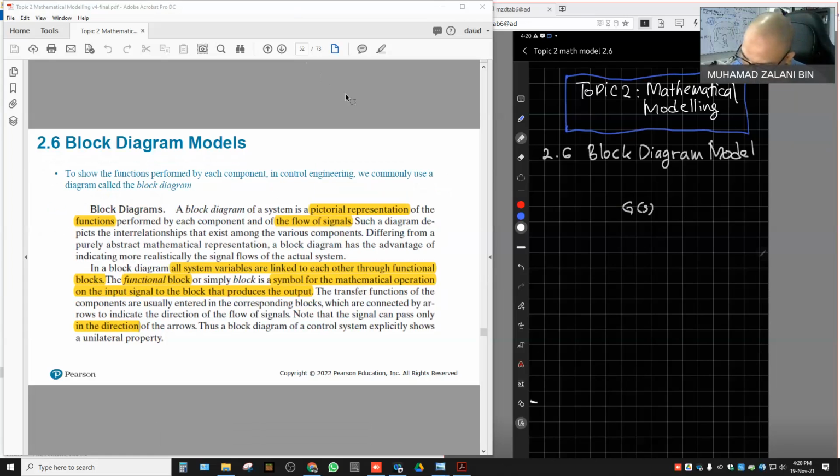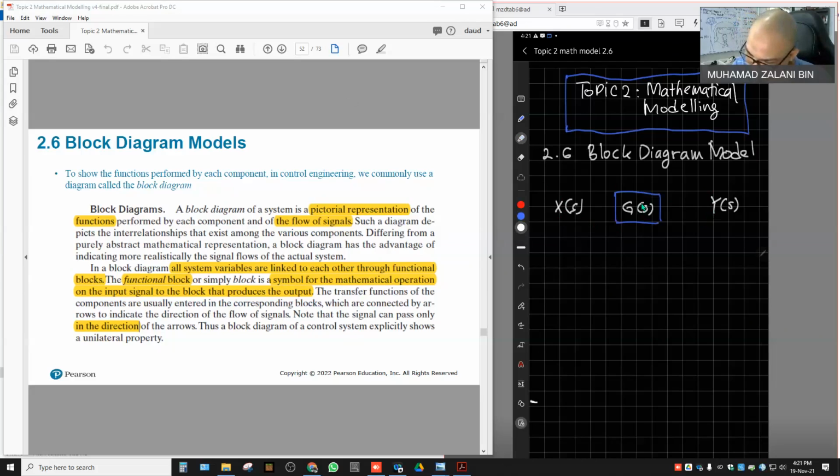I have this function, and I have the input X(s) in the form of Laplace transform that will output Y(s), and G(s) is my transfer function. So to represent it using a block diagram, I just put the G(s) inside the block.